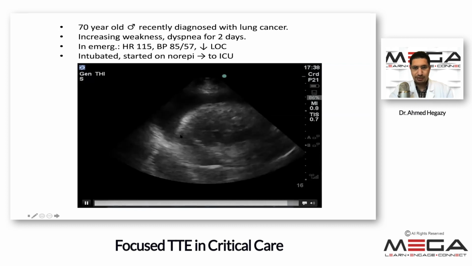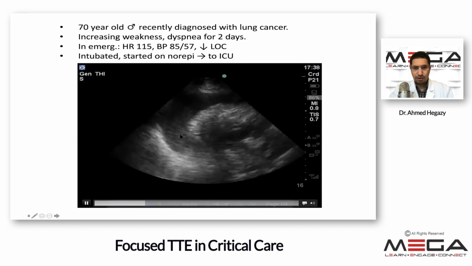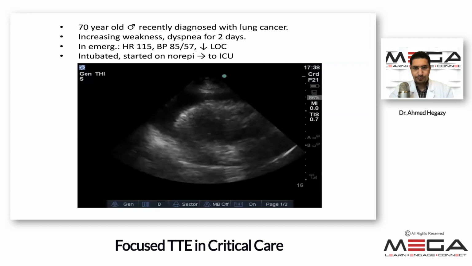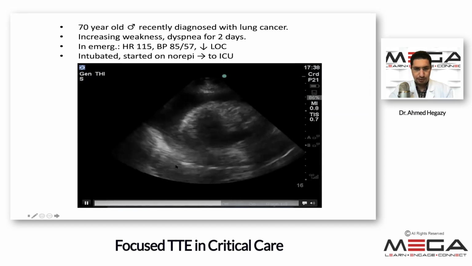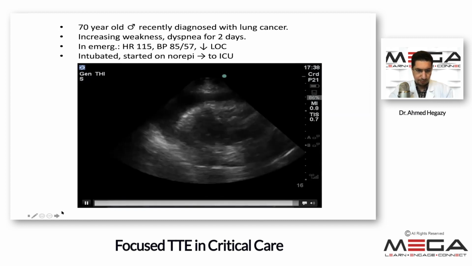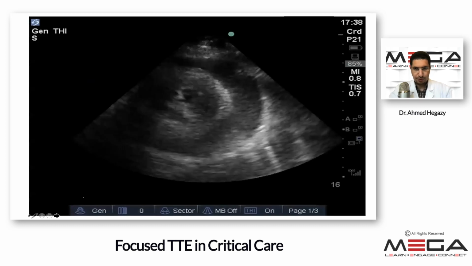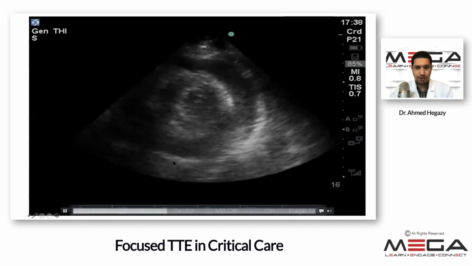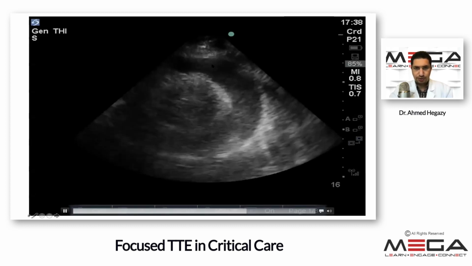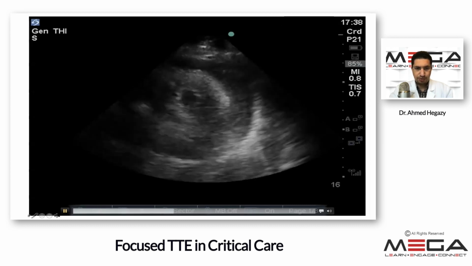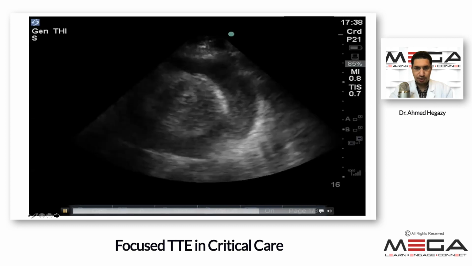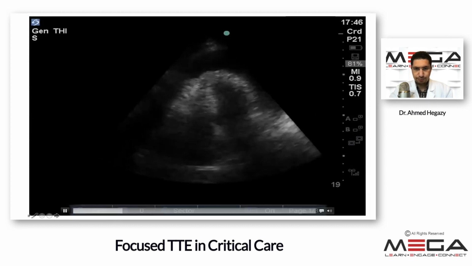This patient had a very large pericardial effusion. When you move on to the parasternal short axis view, you see here that the fluid is circumferential all around the LV, and it's pretty convincing. This patient has a large pericardial effusion.